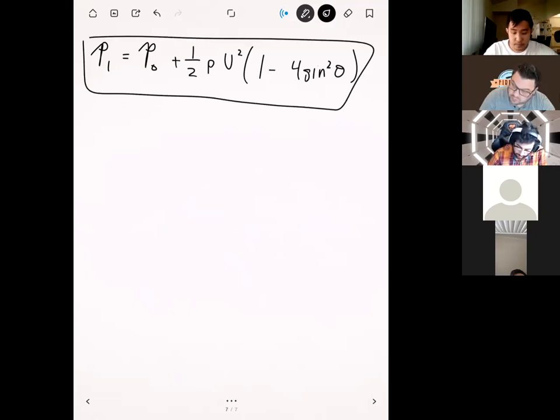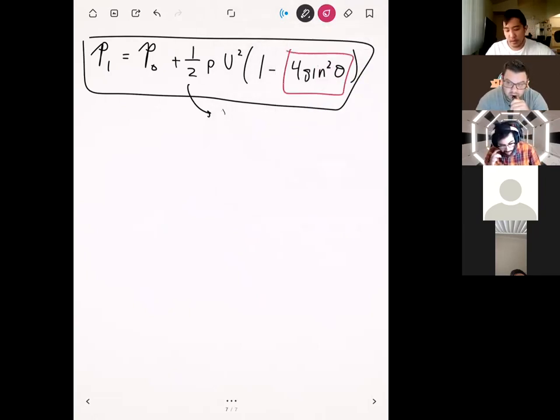What's interesting about this pressure distribution is this last term right here. It's actually symmetric. And so from potential flow, what it predicts is that the pressure distribution will be symmetric.